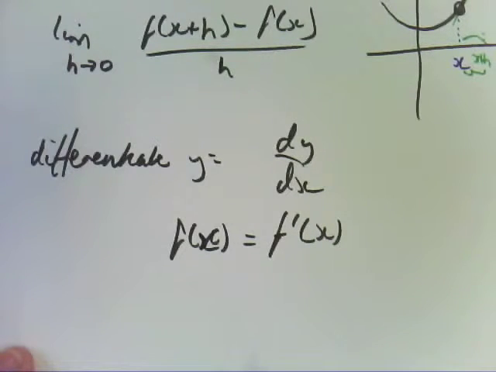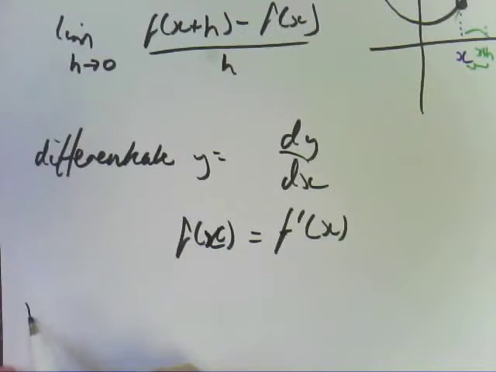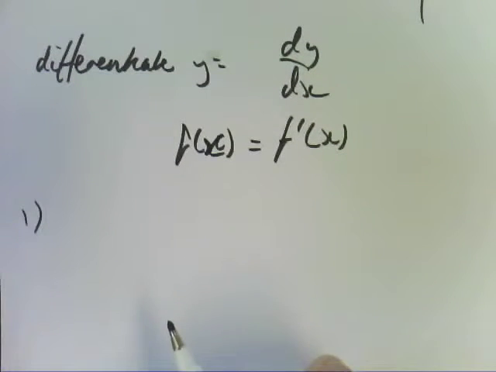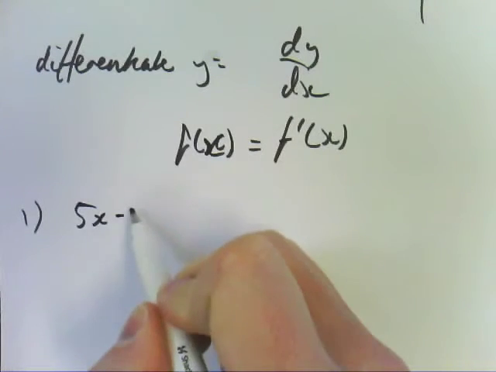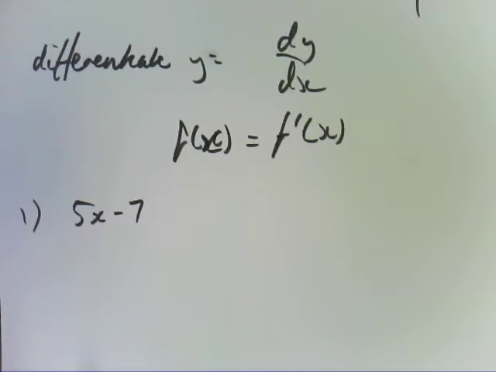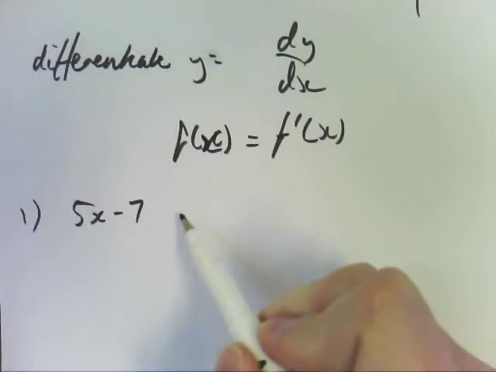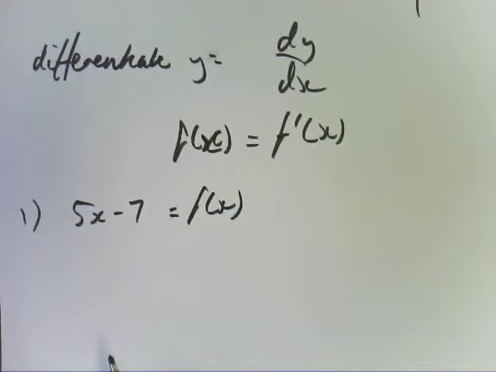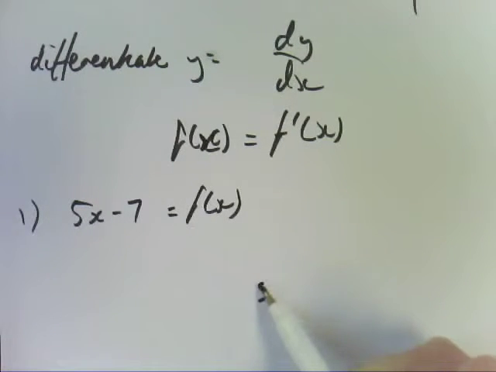So now let's do question 1. It says find the derivative of the following using first principles. 5x minus 7. That's what we've got to differentiate via first principles. You ready? So what's f(x)? That's f(x), isn't it? So that's just going to go here, 5x minus 7.